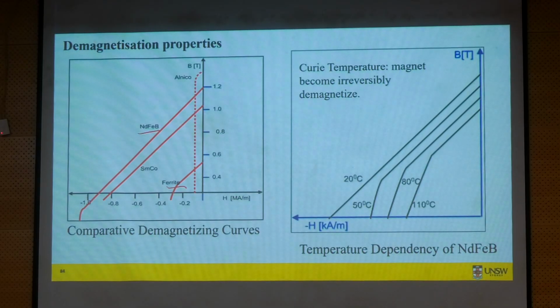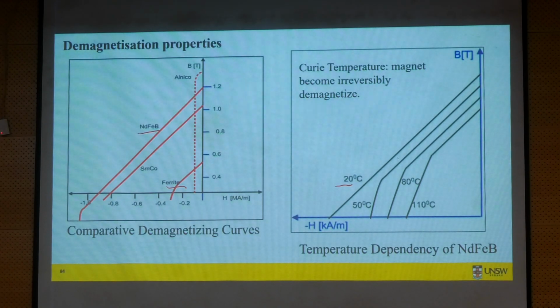And the temperature effect: this one is shown for 20 degrees, the straight line, but if you go to 110, the demagnetization negative H value is far smaller than what you will get at 20 degrees centigrade.